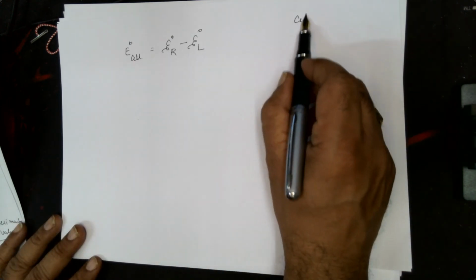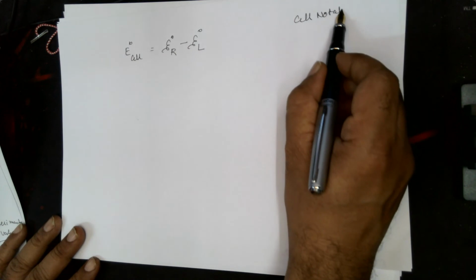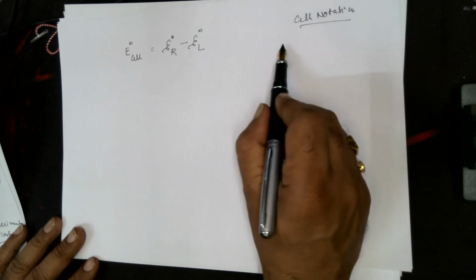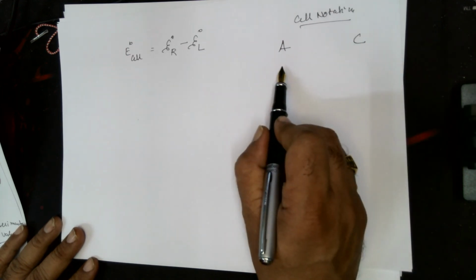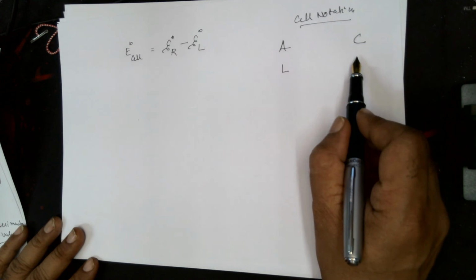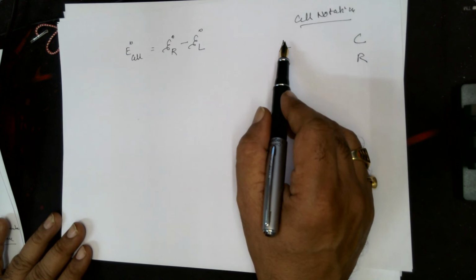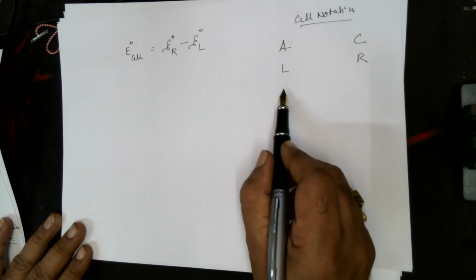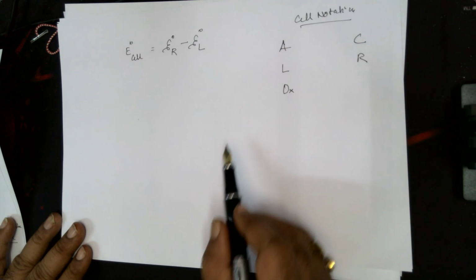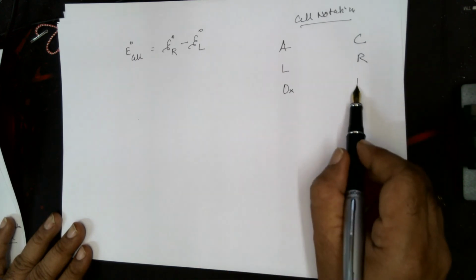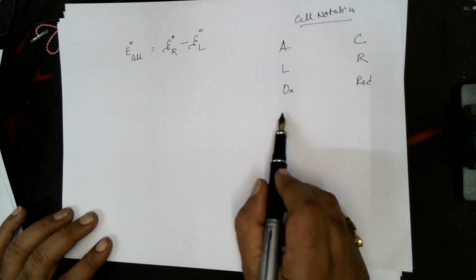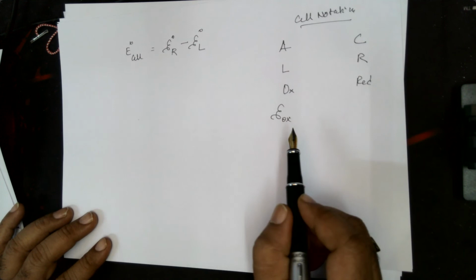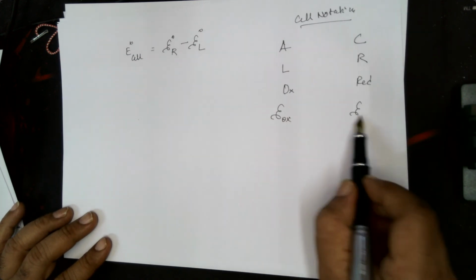Since in the cell notation we have kept the anode on the left and the cathode on the right, it is E right minus E left. But you know very well, at the anode oxidation occurs, and here reduction occurs. So this is the oxidation potential, correct? And this is the reduction potential, okay?